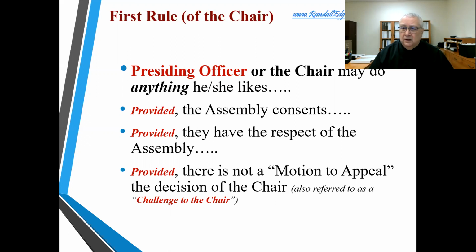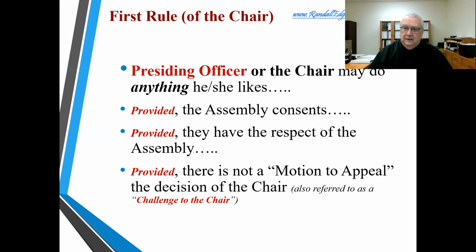Now, the first rule of the presiding officer is the chair, potentially, can get away with anything because they're the chair. But they do this at the leisure of the assembly. If they do things in such a way that are high-handed and violate process, then the assembly has rights, and they can do things like challenge a decision of the chair.